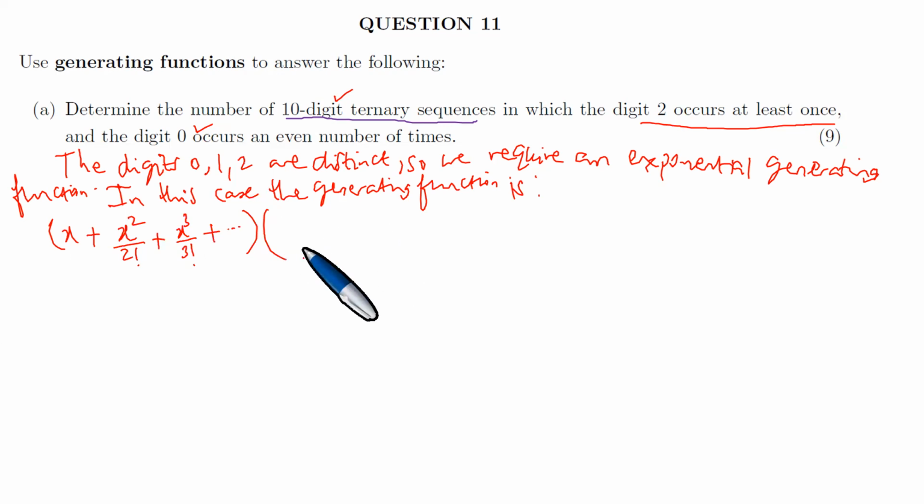And the digit 0 occurs an even number of times. So if the digit 0 occurs an even number of times, for the digit 0 you're going to have 1, and then it can be x squared over 2 factorial. You can have x to the 4th power over 4 factorial.